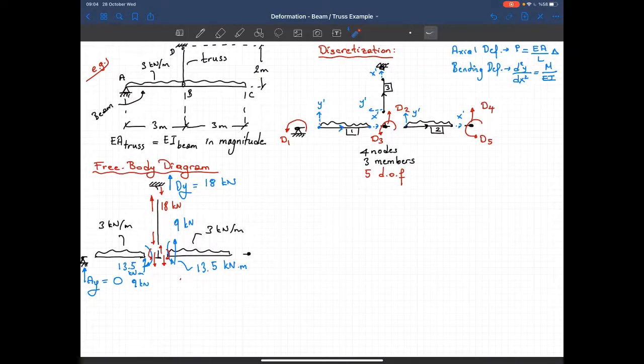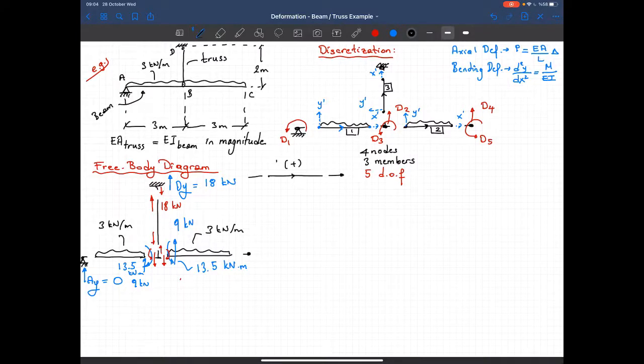Let's draw the moment and the axial force diagram, because for the axial deformations, I need the axial force diagram, and for the bending, I need the moment diagram. So let's show the sign convention. This is plus.